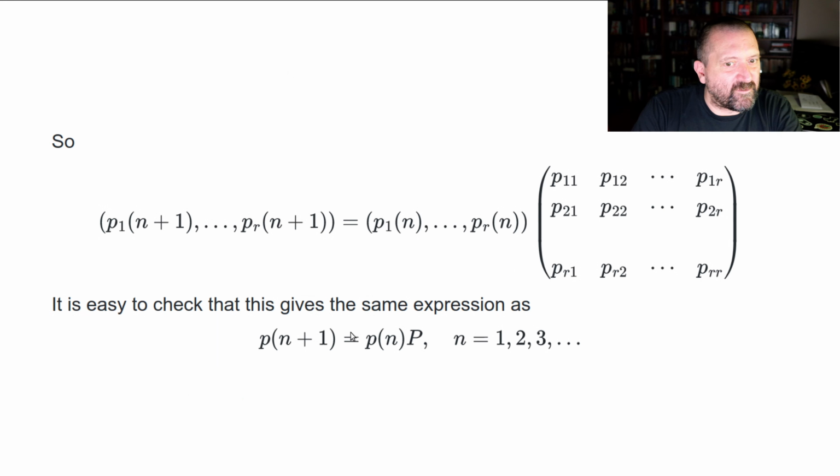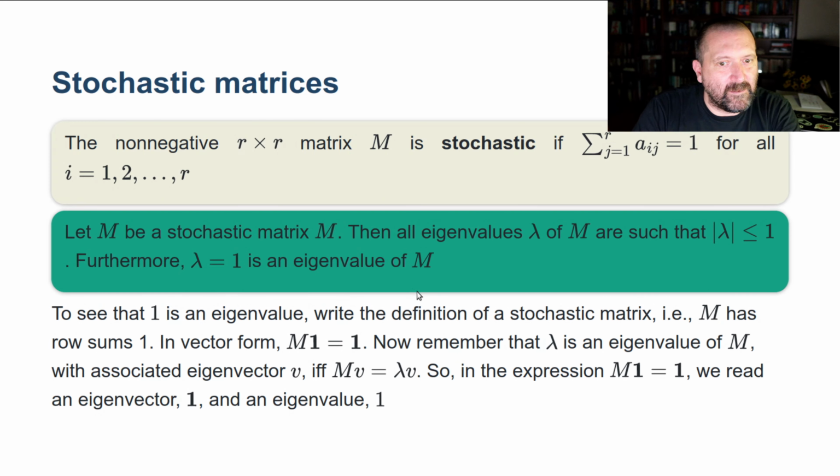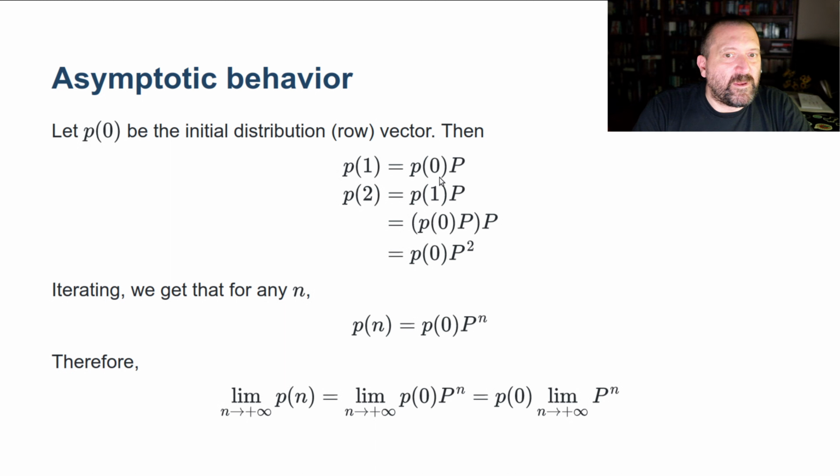P of n plus 1 is equal to P of n times P, capital P. So P of 1 is P of 0 times P. P of 2 is P of 1 times P, but P of 1 is P of 0 times P, so this is P of 0 times P squared. And this continues and we can iterate.